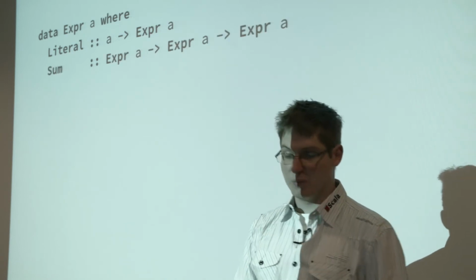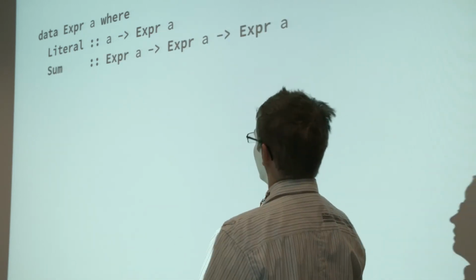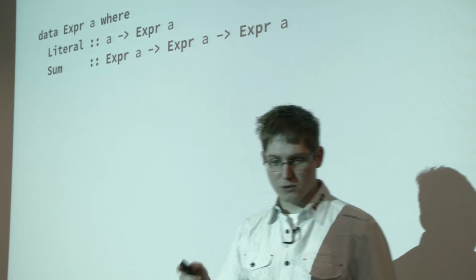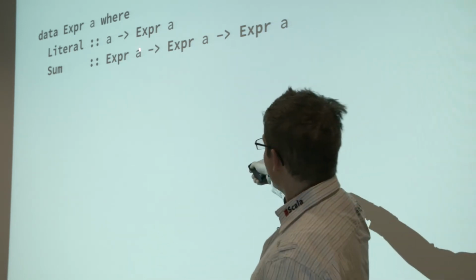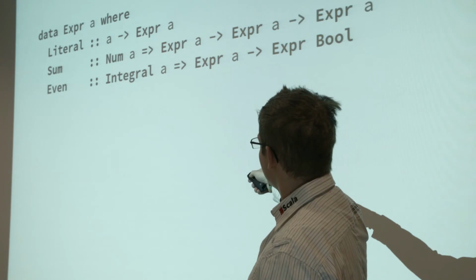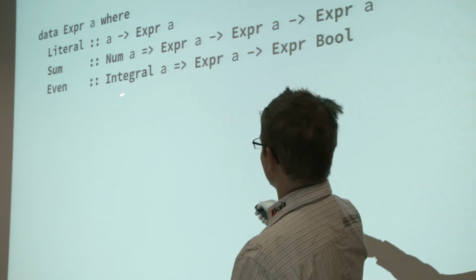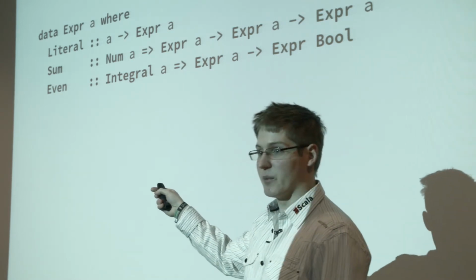So let's simplify that a bit, get rid of variables because we don't need them anymore for the purpose of this example. So we just have a data type which has literals and sums. And now we generalize. We change this a here and give it this Num constraint explicitly. And then we add another constructor which surprisingly somehow changes the result type in here.